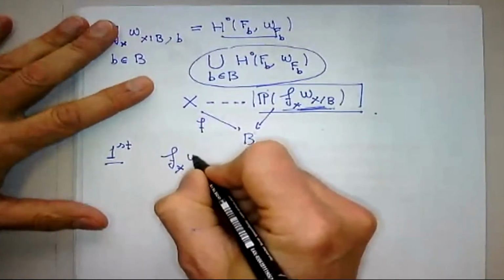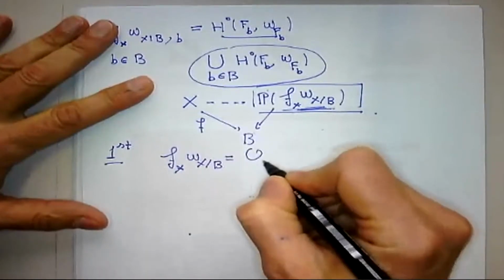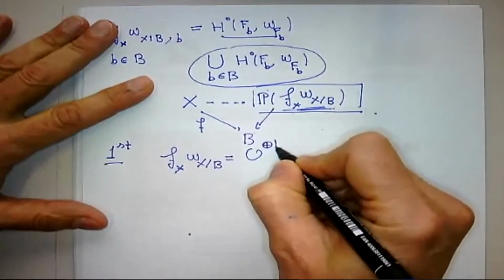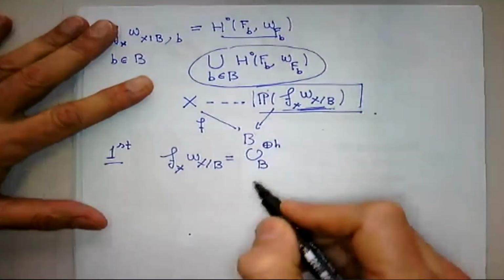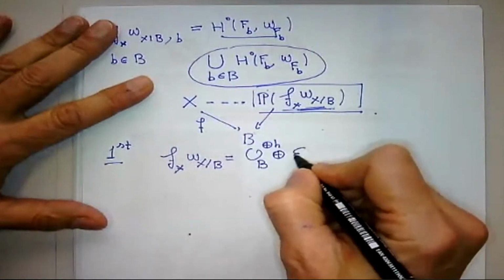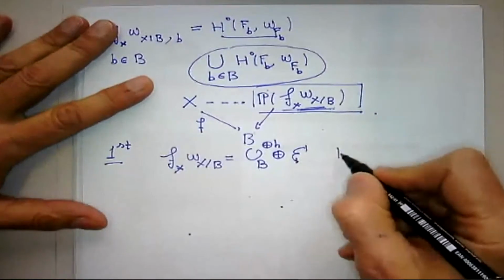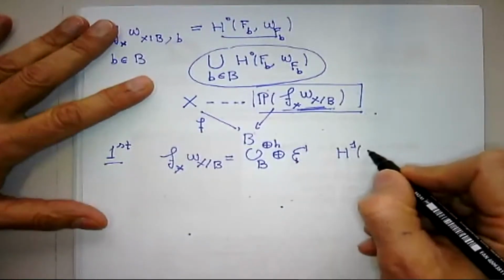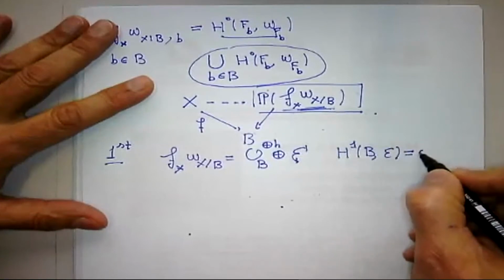F lower star omega xb is a direct sum of some copies of the trivial sheaf over B, direct sum a vector bundle E, where the only property for us is that the H1 of E is 0.